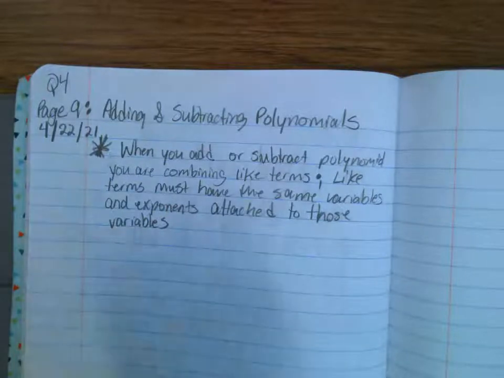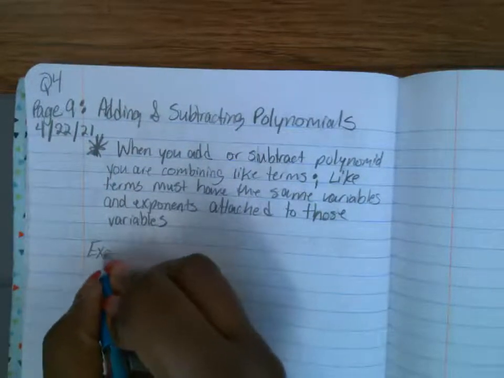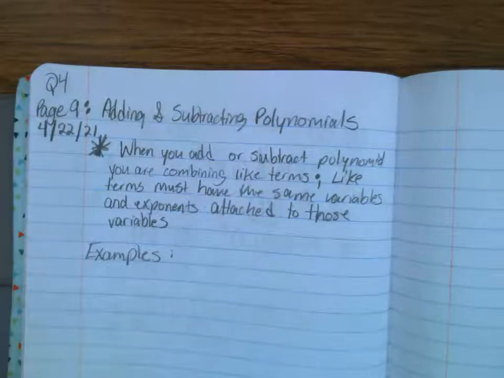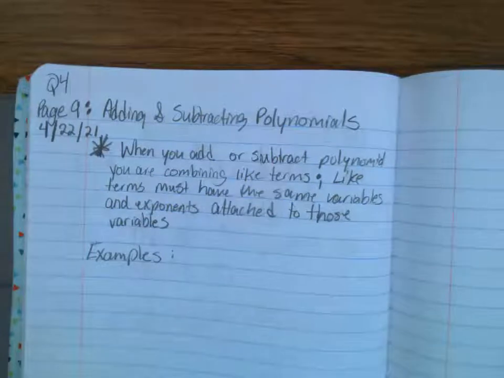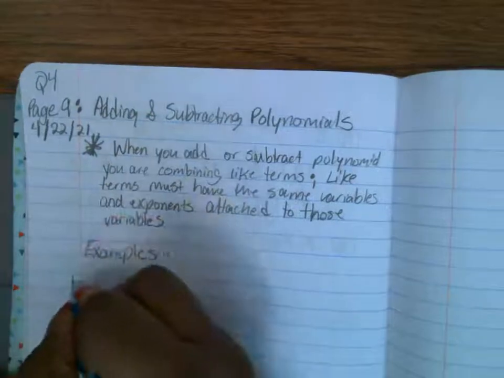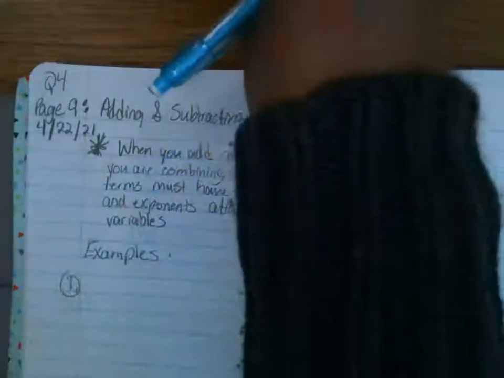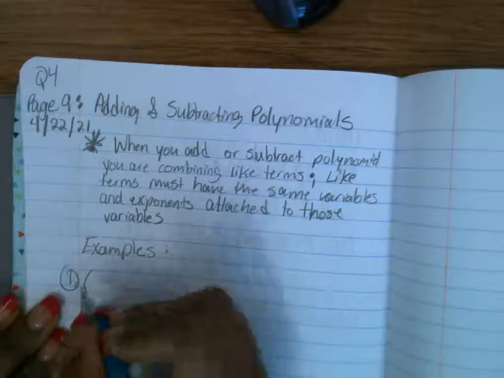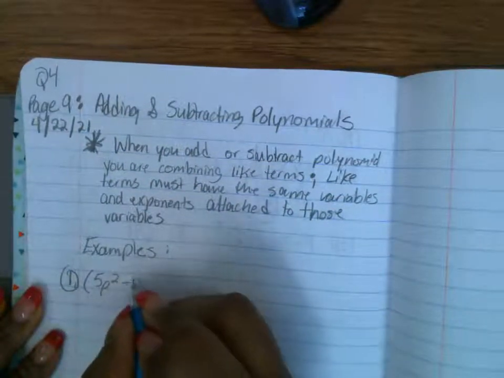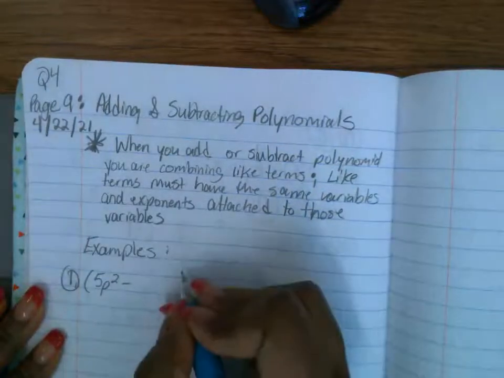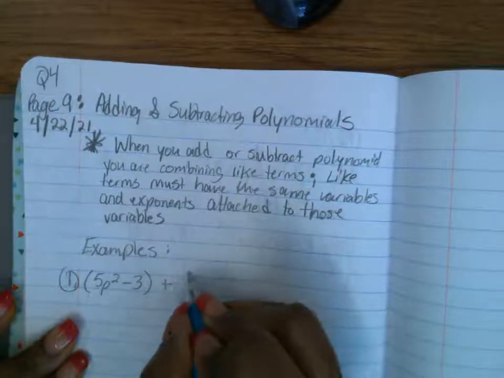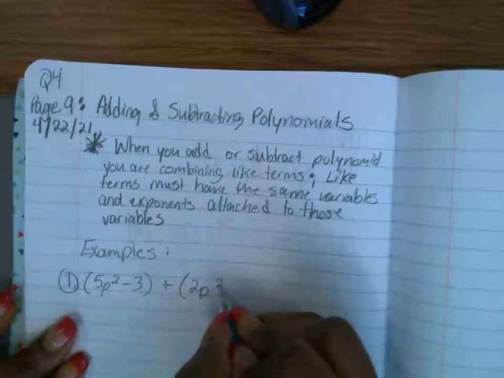Okay. So let's do some examples. All right, for adding, we're going to do 6 examples, okay? Number 1, we have the binomial or polynomial, poly meaning many terms, more than one term, plus another polynomial or binomial.